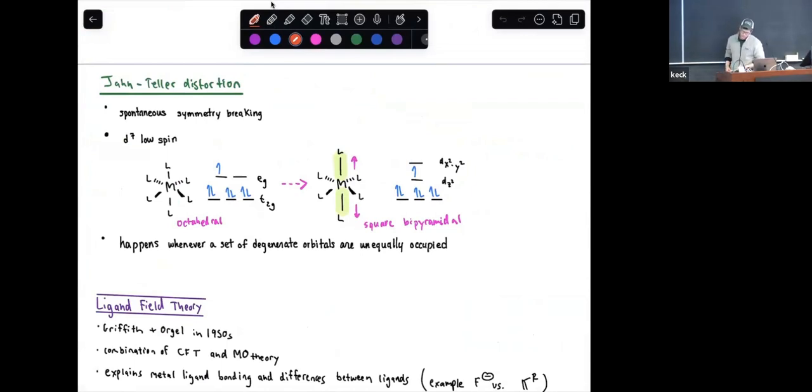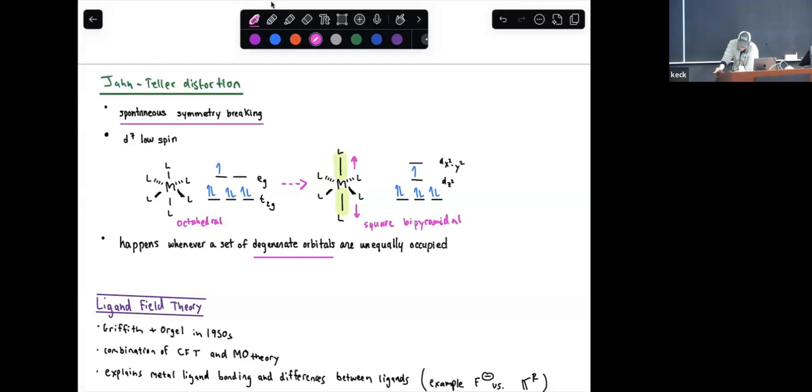And so that foreshadows this principle of Jahn-Teller distortion, which is a phenomenon of spontaneous symmetry breaking. This occurs whenever degenerate orbitals are unequally occupied. And why does it happen? It happens so that the metal complex can settle its way into a lower energy state.